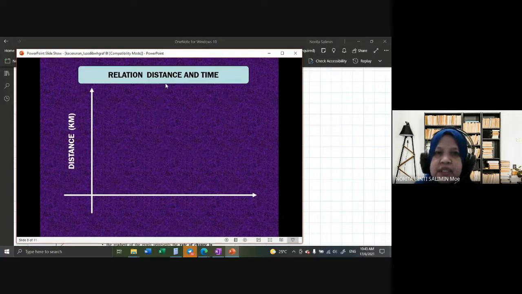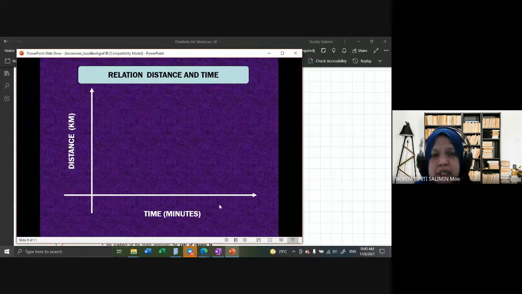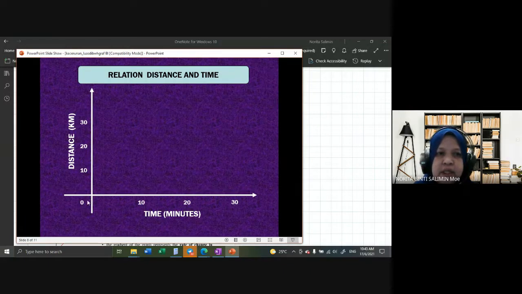Relation between distance and time. This is distance in kilometer, and then this is time. Usually we use a kilometer per hour, jam, hours. But this time we use kilometer and minutes. Okay. Let's say the distance is 10 km. So 10 kilometer, you can arrive in 10 minutes. For 20 kilometer, arrive at 20 minutes.